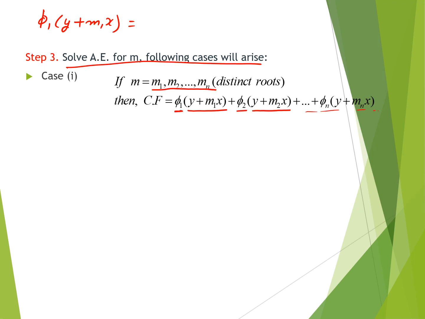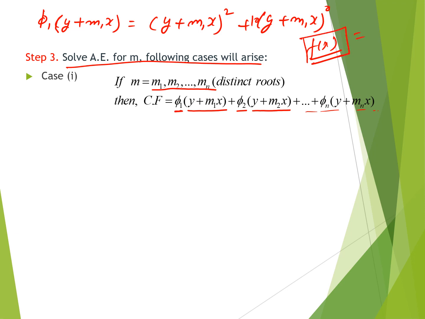We don't know the value of the function, but it is defined in this form, just like writing f of x without knowing its value. So phi1 is a function defined in the form of y plus m1x, phi2 in the form of y plus m2x, and so on.